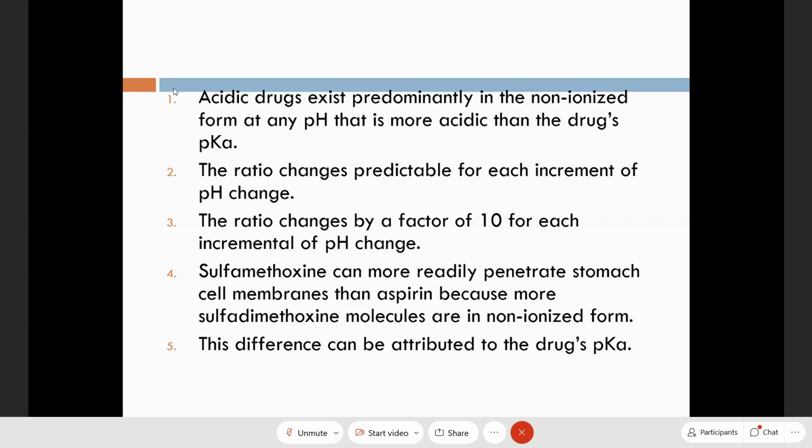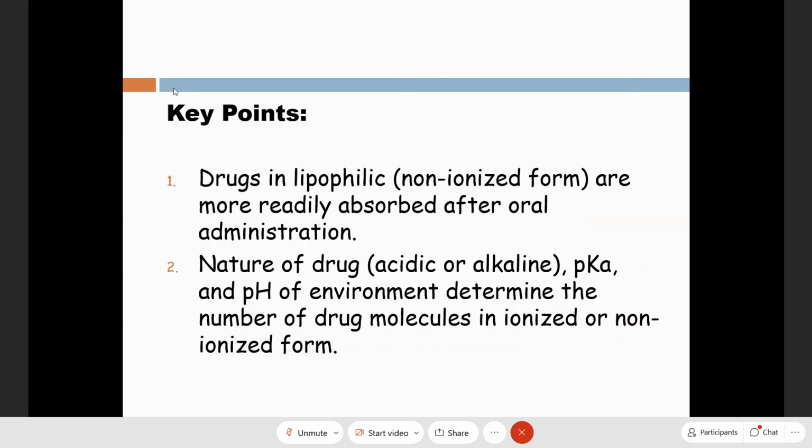So drugs in the lipophilic, non-ionized form are more readily absorbed after oral administration. Please bear in mind, after oral. When you give a drug IV, there's no barrier. It goes directly into the blood circulation.